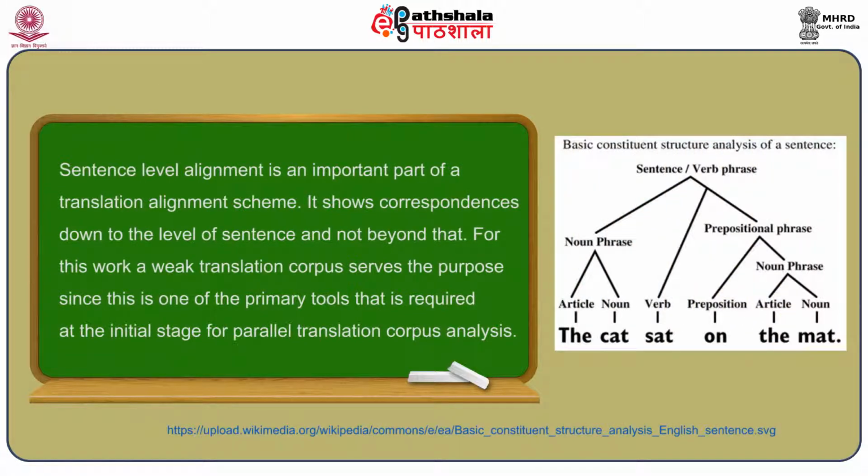Sentence level alignment is an important part of a translation alignment scheme. It shows correspondences down to the level of the sentence and not beyond that. For this work, a weak translation model serves our purpose, since this is one of the primary tools required at the initial stage for parallel translation corpus analysis.